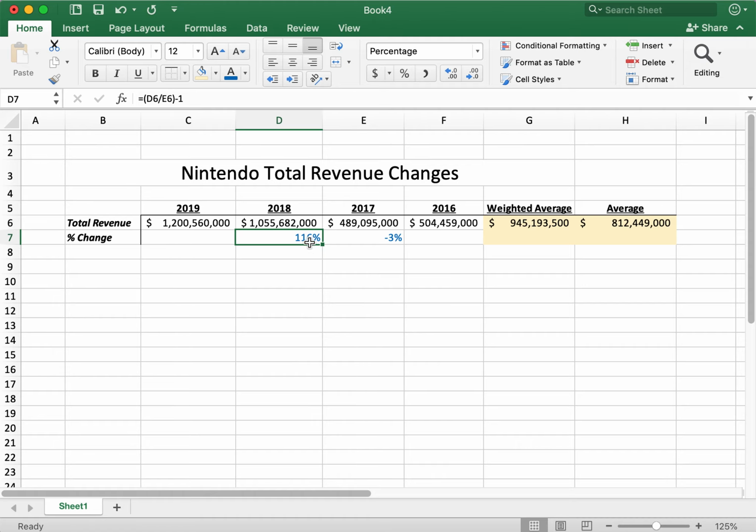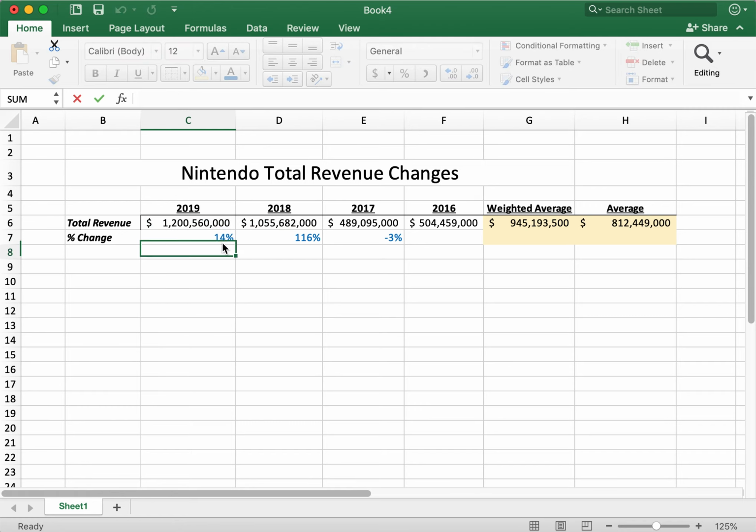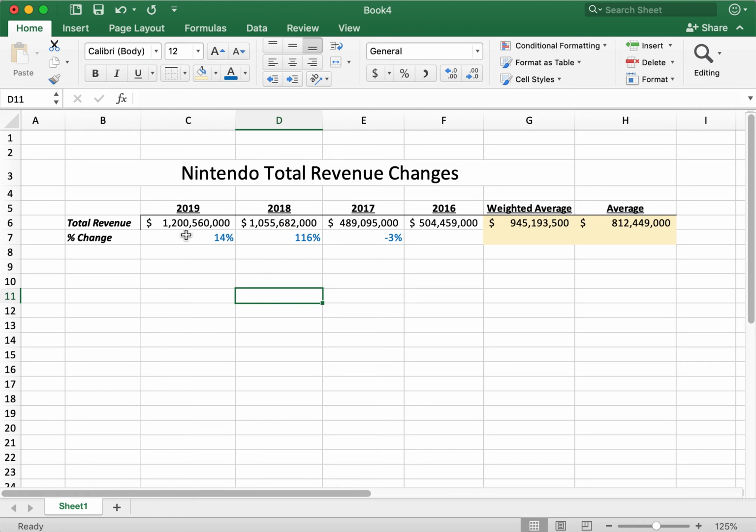And like I said before, considering we don't have to worry about locking any cells here, I can just click and drag, and it will auto-fill in the positioning of the previous one, so I can always do that as well. So now we got ourselves 3 different percentage changes. They lost 3% from 2016 to 2017. They gained 116% in 2018, and then they gained 14% in 2019.